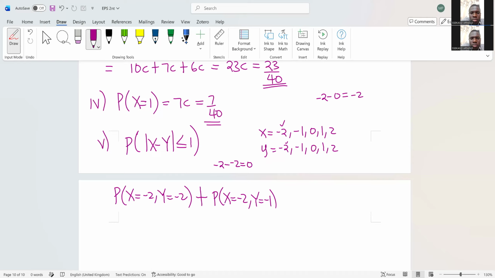Then I go to x -2 minus y, which is 1. This is -3. Absolute value of -3 is 3, which does not satisfy. And finally, -2 minus 2 is -4. Absolute difference there is 4, which still doesn't satisfy. So -2 is done. So you do the same thing for another value of x.